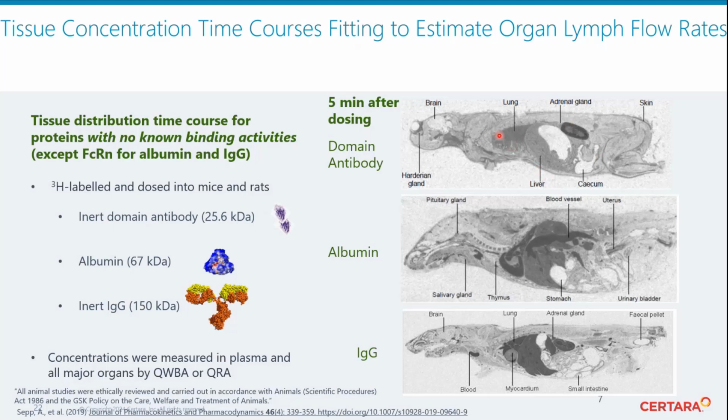And something like 50 tissues can be measured, from eyeballs to skin, to lungs, anything. It was pretty amazing. And from that data alone, it's possible then to fit the lymph flow rates, for example. But it's not the only way, but that's one of the options there.